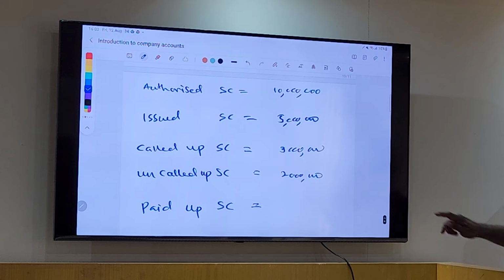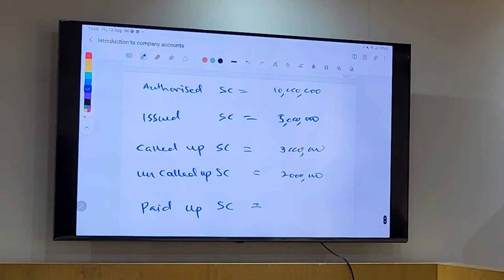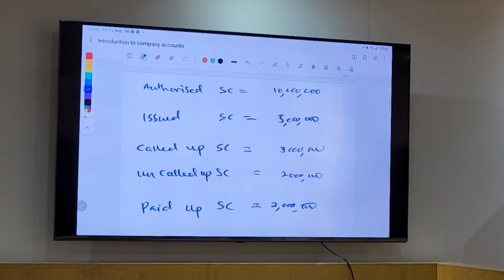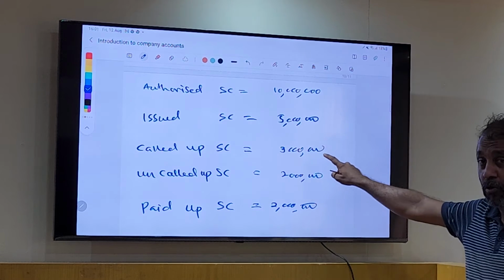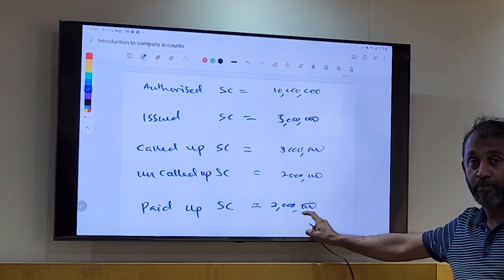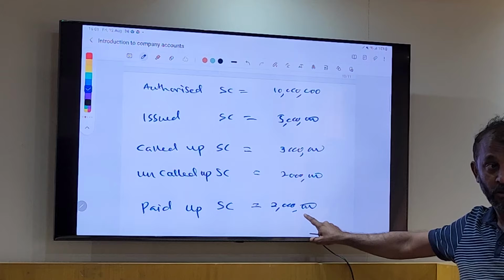Now called up how much? 3 million. So I requested shareholders to pay me 3 million share capital, but the shareholders paid me only up to how much? From the called up, paid up is only 2 million.